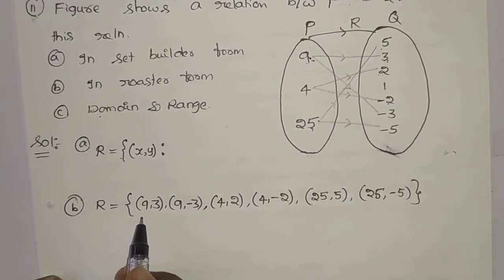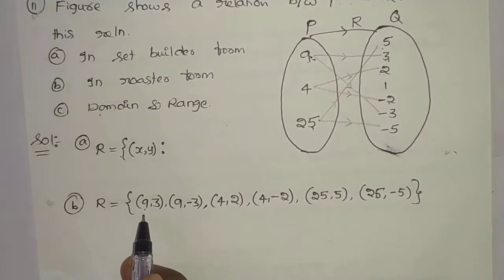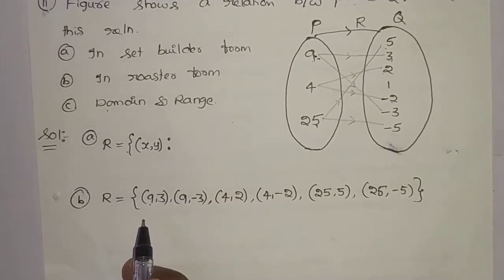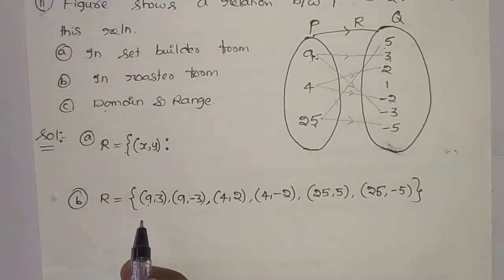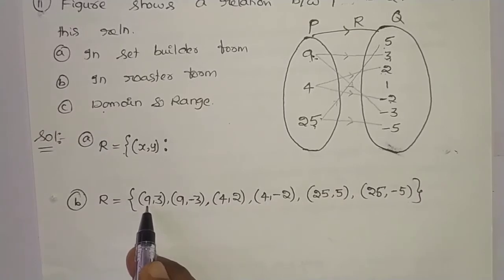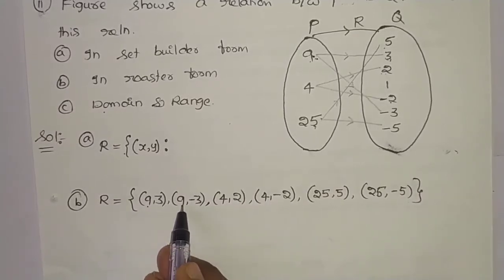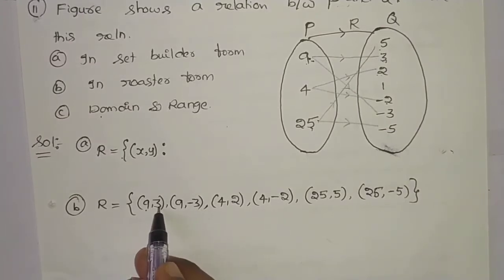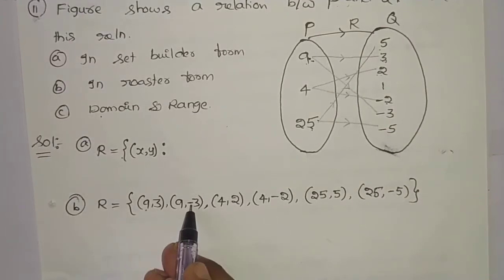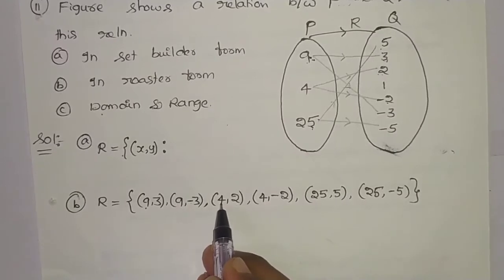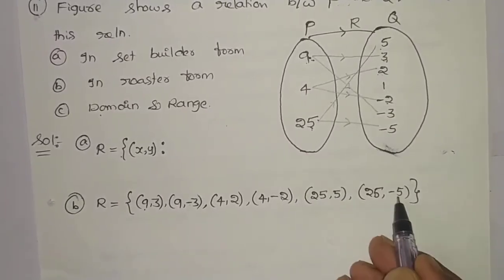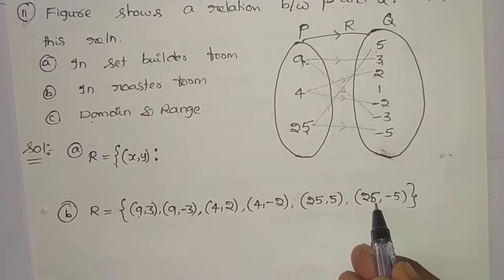you just observe. Here we have 9. First element is 9, second element is 3. First element is 9, second element is minus 3. Now 3 squared is what? 9. Minus 3 whole squared is 9. 2 squared is 4. Minus 2 whole squared is 4. 5 squared is 25. Minus 5 whole squared is 25.